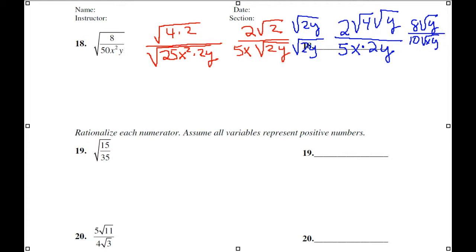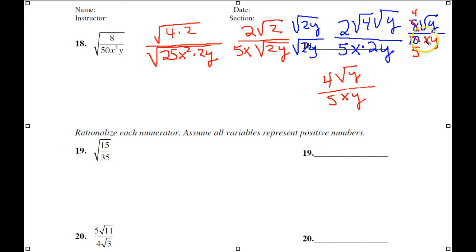But we're not finished yet, because here we can cancel out a 2 and get a 4, and this will be our 5. So our final answer for 18 is 4, the square root of y, over 5, the square root of xy.